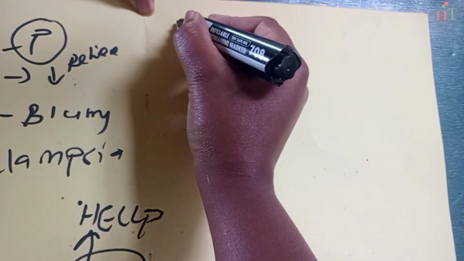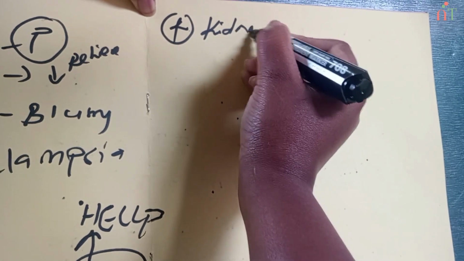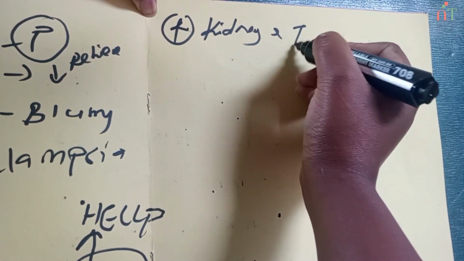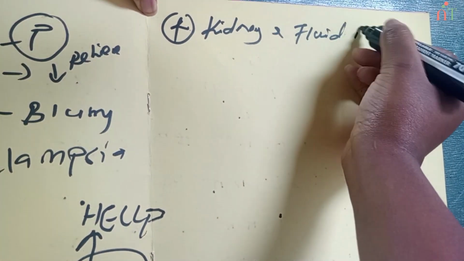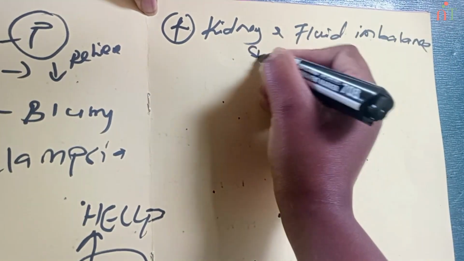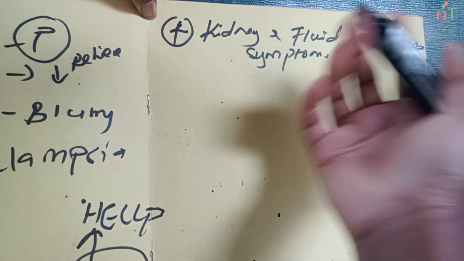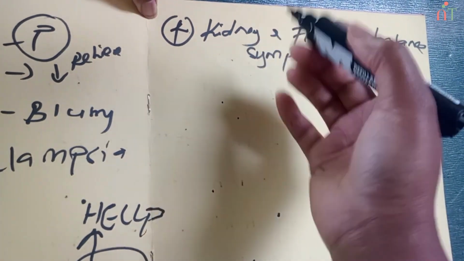So number 4, let us talk about kidney and some whereby you'll know that this person has preeclampsia from the readings or from your examinations or from your observations.